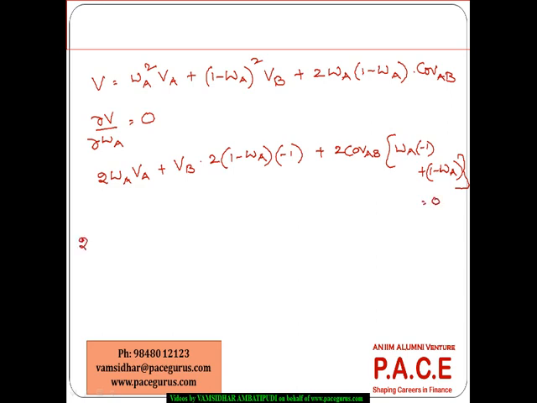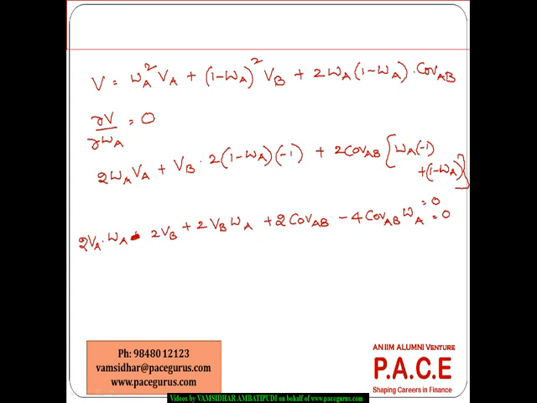So it's directly coming out 2 times variance of A times WA, plus 2 times variance of B times minus 1, meaning minus 2 times variance of B, plus 2 times variance of B times WA, plus 2 covariance between AB minus 4 covariance between AB times WA. So this is equal to 0.